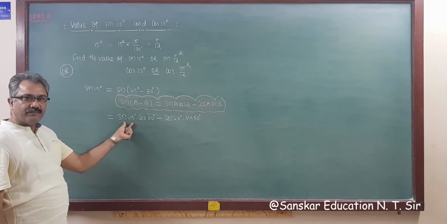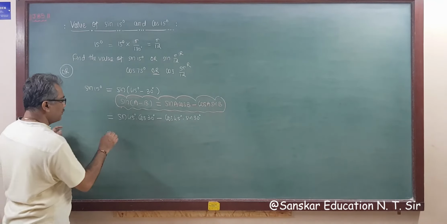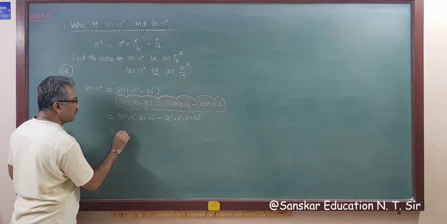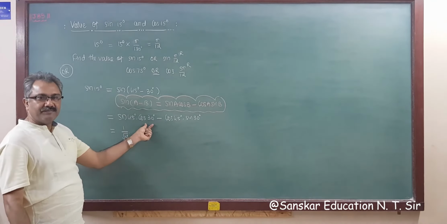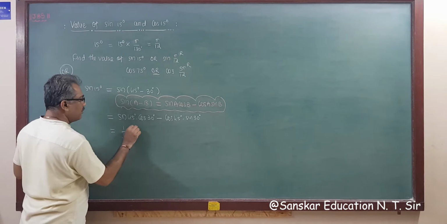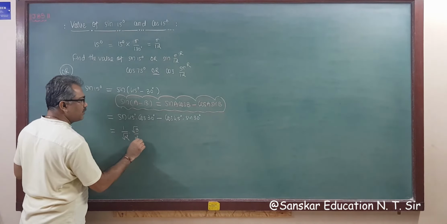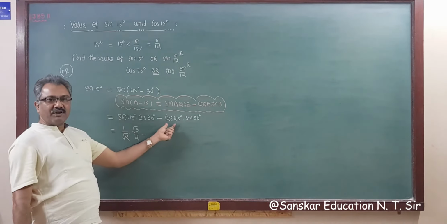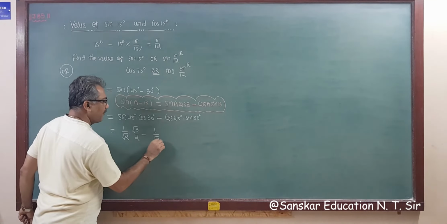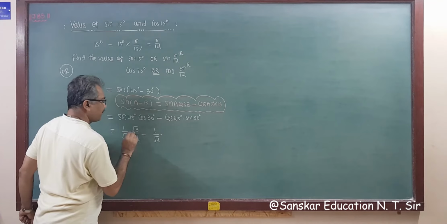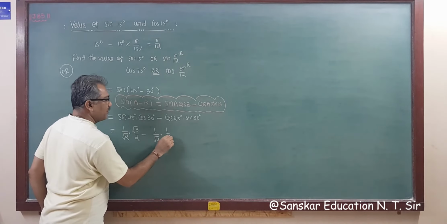Sine 45 is 1 upon root 2, cos 30 is root 3 by 2, so root 3 by 2 minus cos 45, 1 upon root 2, into sine 30, 1 upon 2.